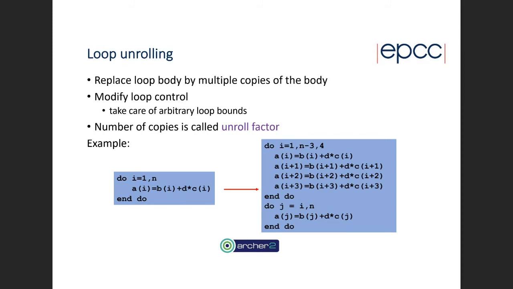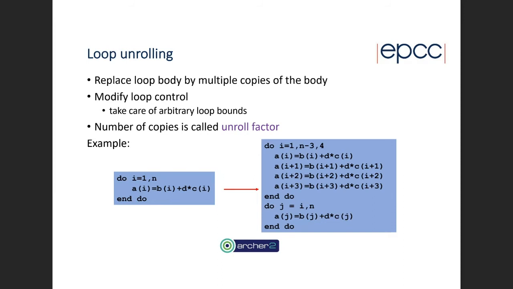So if I have a loop here on the left, if I were to do an unrolling by hand, then that would produce the code on the right here. So what's happened is I now have, instead of one copy of the statement inside the loop, 4 copies. So I've got an unroll factor of 4 here.